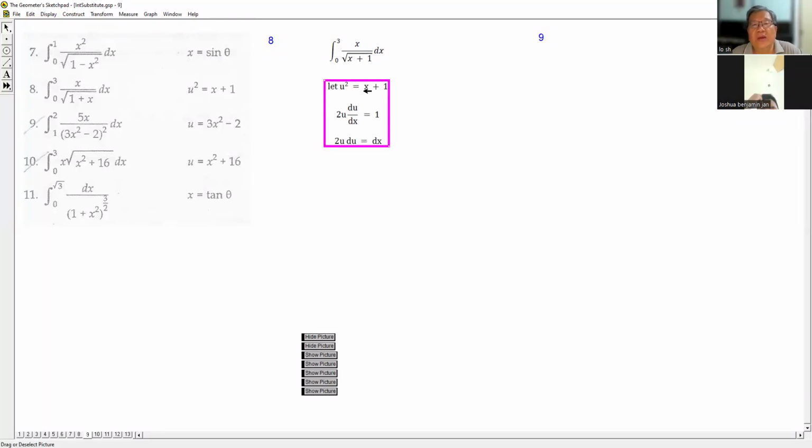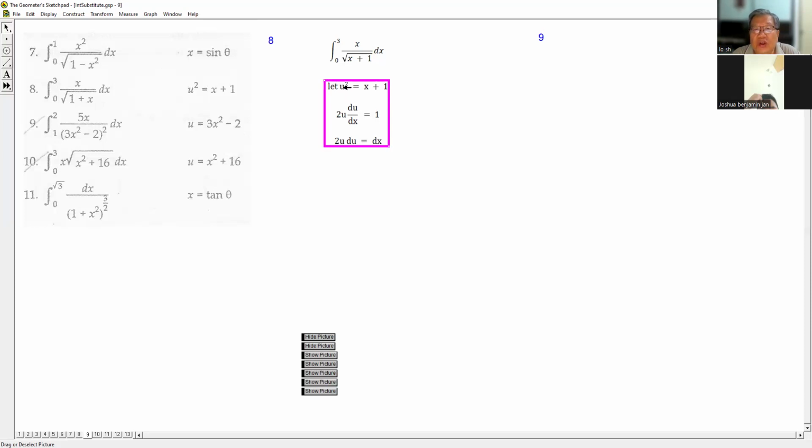Let u square equal to x plus 1. Same lah, x plus 1, 1 plus x is the same. Then when you want to differentiate u square, you still remember the implicit differentiation. Implicit differentiation says we differentiate as usual, 2u.